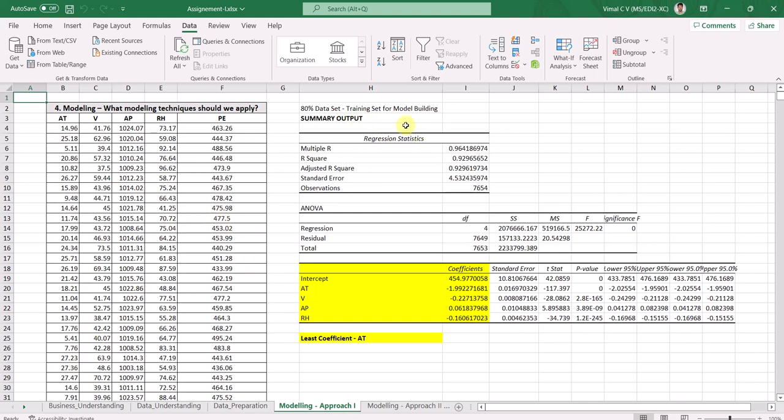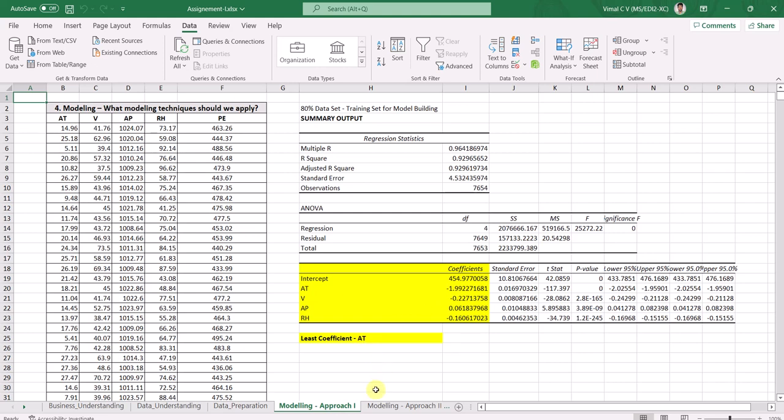Here I calculated the regression statistics with the help of Excel's inbuilt regression formula. From the summary output, we can see the regression coefficients for intercept, AT, V, AP, and RH. Out of these, AT, ambient temperature, is minus 1.99, which is the least coefficient.